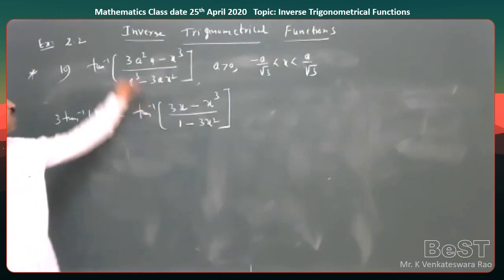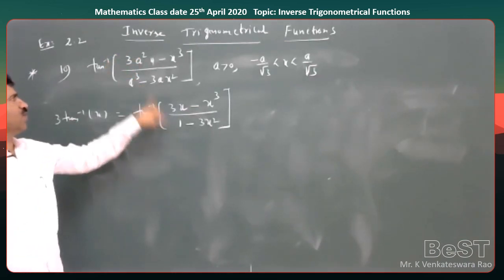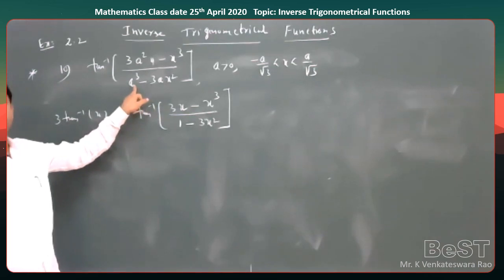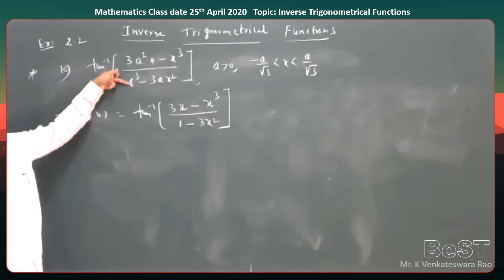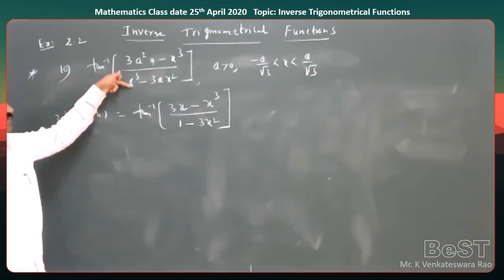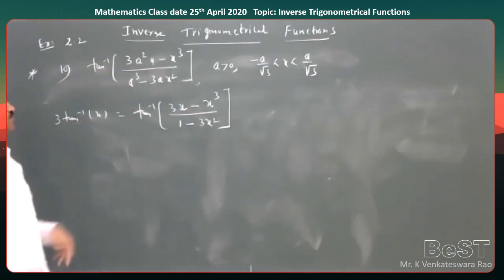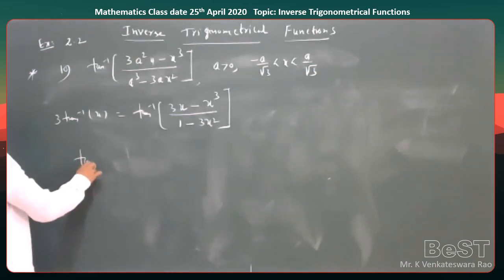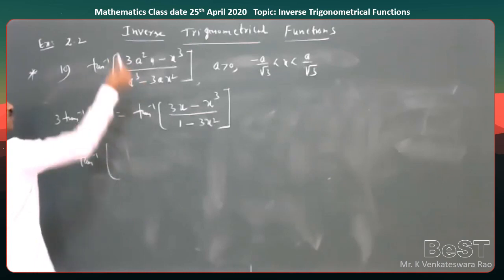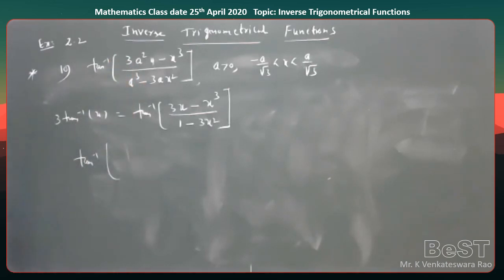And listen to me, how to get this form? Denominator 1 here, a cube is there, so confusion for you. So dividing the numerator and the denominator with a cube. Okay, do this. So we'll try for this form. Tan inverse of this is, dividing the numerator and the denominator with a cube.